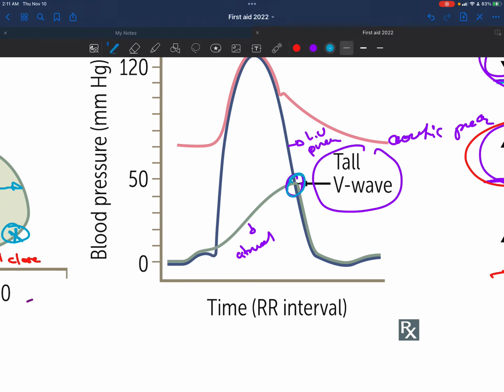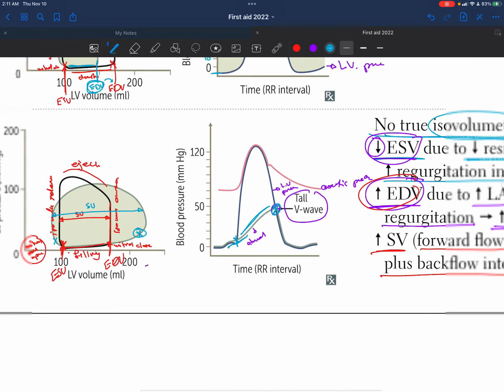That's why it looks like a slide more than a sharp point, because there's no specific point where the mitral valve opens. It's always open. So that is why we see this slide in the left atrial pressure, and there's no specific opening of the mitral valve, and no specific closure of the mitral valve as well.